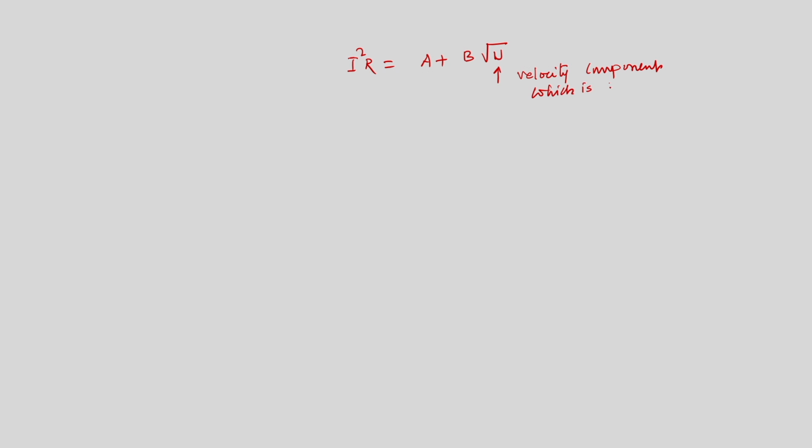If we recall, this I square R is nothing but A plus B root u, where u is the velocity component normal to the wire.